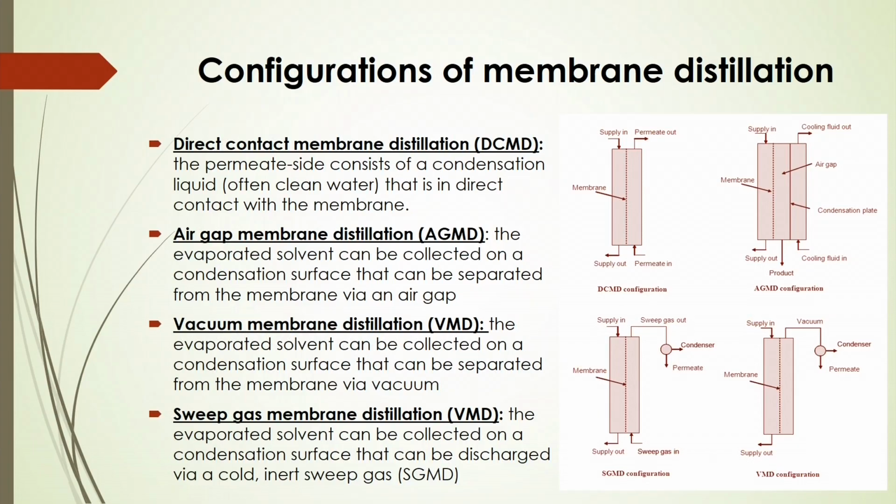And in vacuum membrane distillation, the evaporated solvent can be collected on a condensation surface that is separated from the membrane via vacuum. And in case of sweep gas membrane distillation, the evaporated solvent can be collected on a condensation surface and discharged via cold inert sweep gas instead of just an air gap or vacuum.